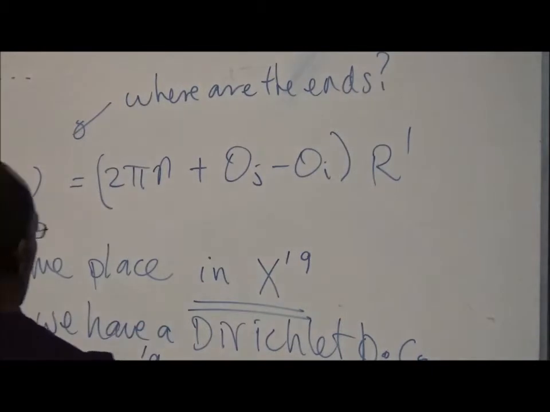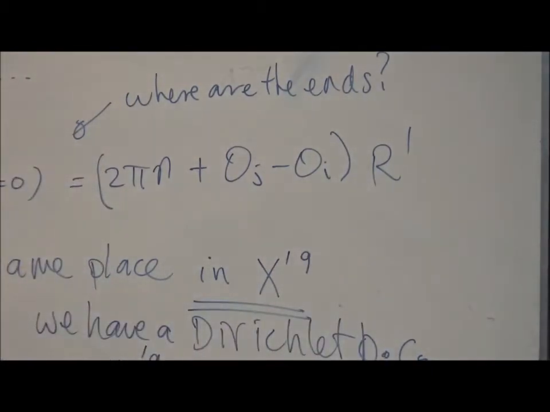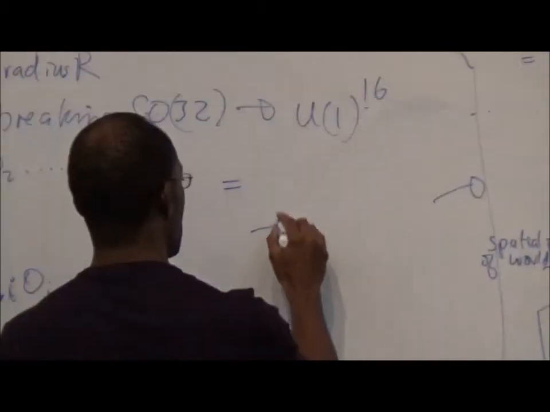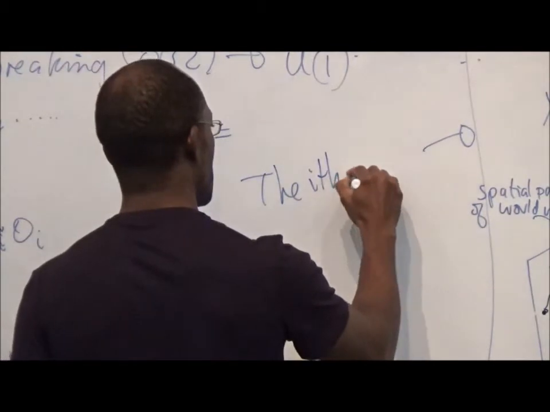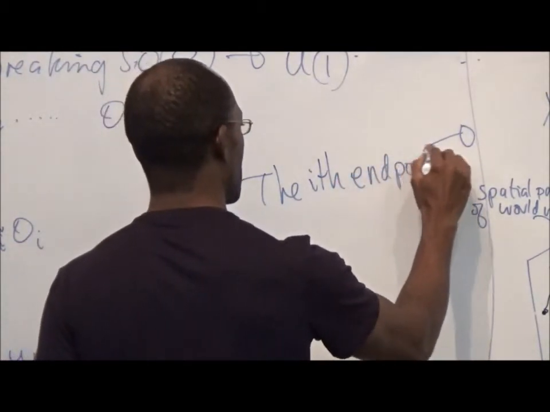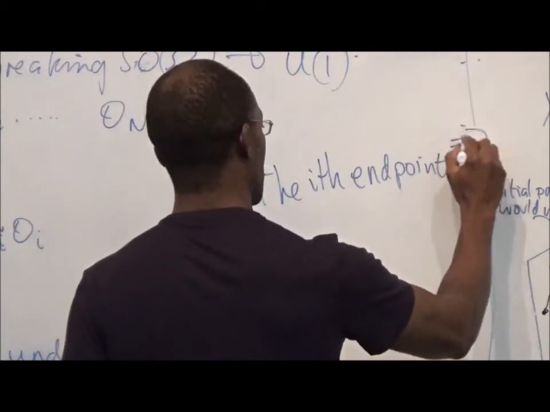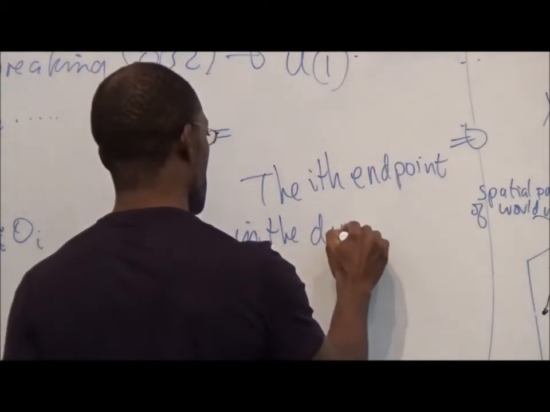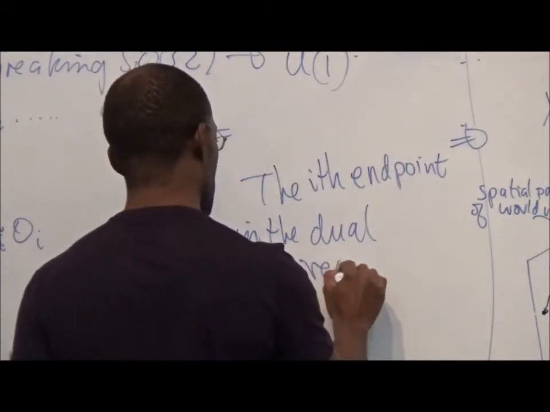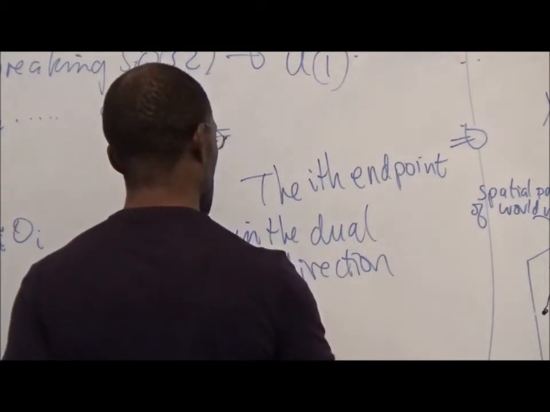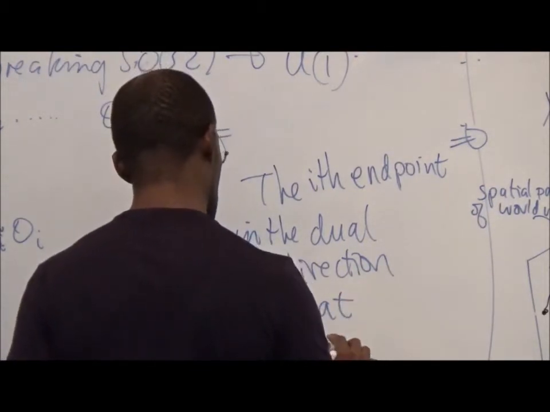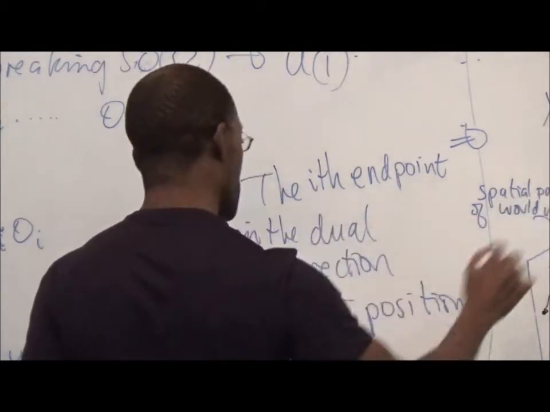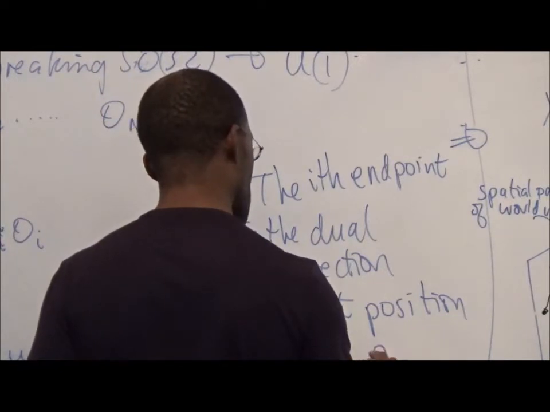So the way to read this then is that the ith endpoint in the dual direction is at position, is given by r primed times theta I.